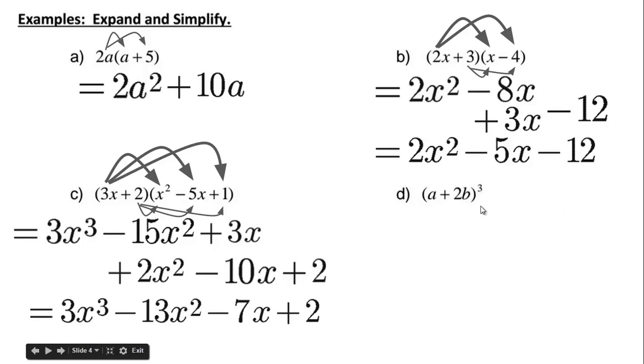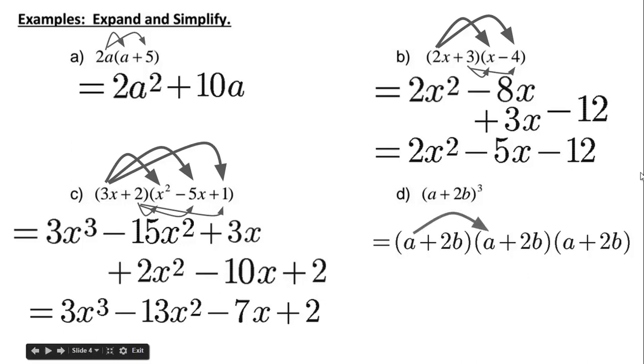And the last one is a plus 2b cubed. So we're going to write out a plus 2b 3 times. The best way to do this is to actually expand the first one just like you did in B, and then take that answer and expand it just like we did in C. And so we got a times a is a squared.